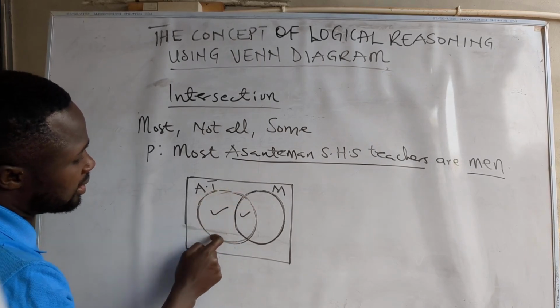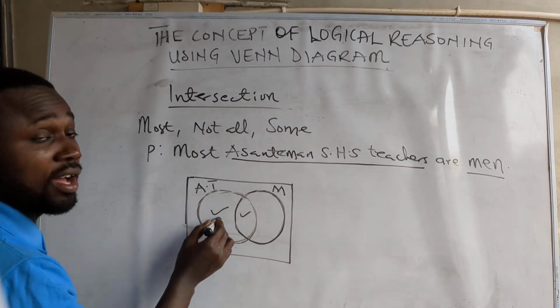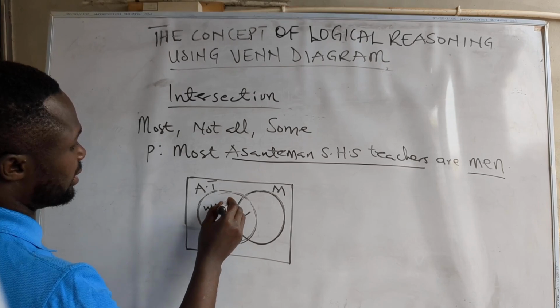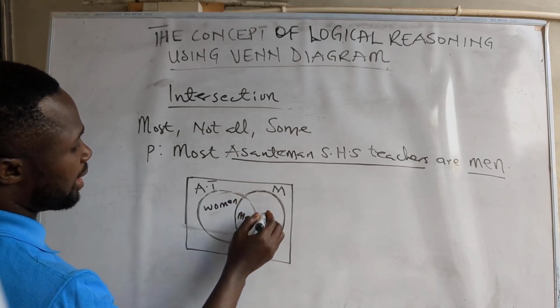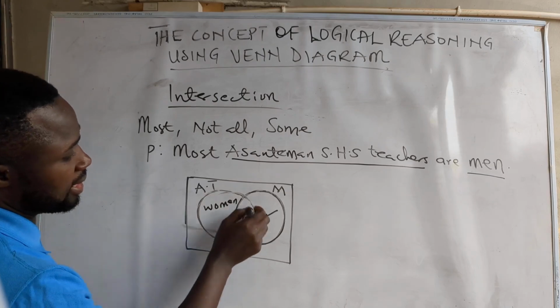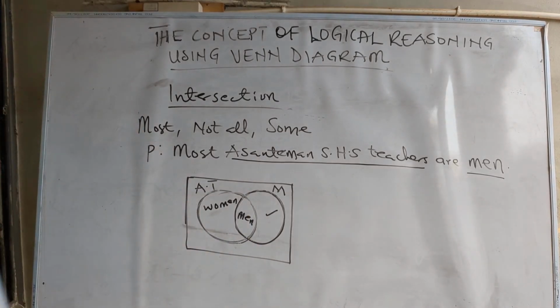Those in Asante SHS teachers who are not men are women. And these are men who are not Asante SHS teachers. Is that okay? So that is about the intersection.